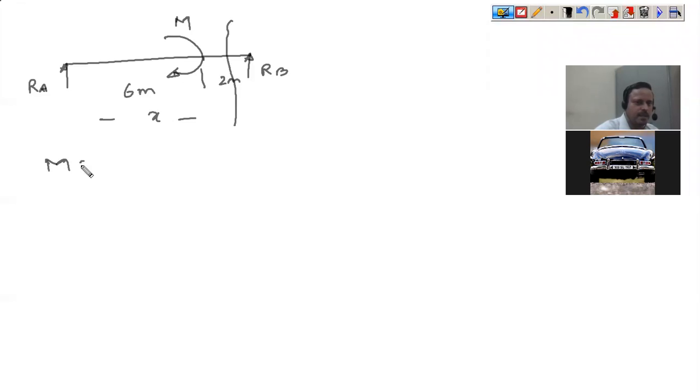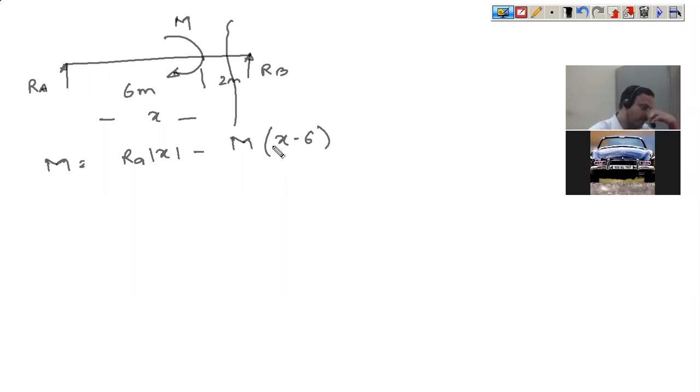So M becomes equal to RA into x minus M, which is of magnitude M and acting at a distance of 6, so this is x minus 6. Now if it is M into x minus 6, this is moment into again a distance, so it will not be technically correct.